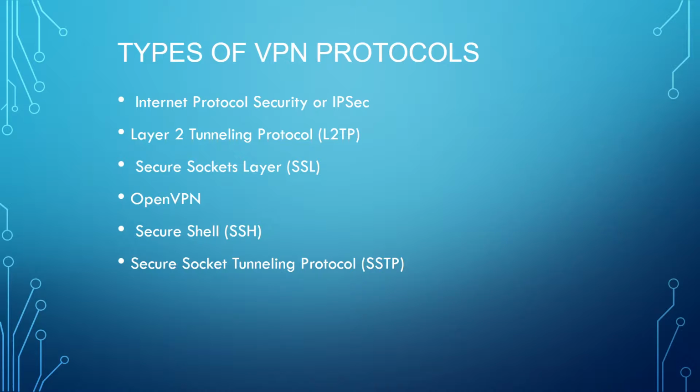Secure VPNs can use IPsec with encryption, IPsec with Layer 2 Tunneling Protocol, or Layer 2 Forwarding L2F, Point-to-Point Tunneling Protocol. OpenVPN is an open source software application that implements VPN techniques for creating secure point-to-point, site-to-site connections in a routed or bridged configuration and remote access facilities.